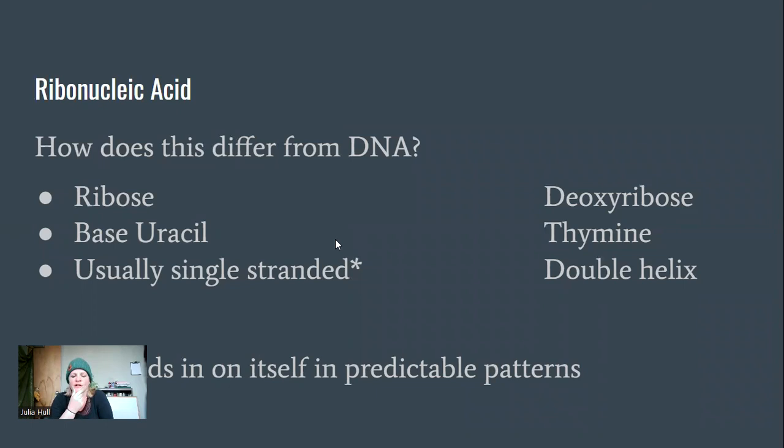Okay, so now let's talk about our buddy RNA. How does ribonucleic acid differ, and how is it similar to deoxyribonucleic acid? Well, obviously they have a different sugar, right? RNA has the sugar ribose, whereas DNA has the sugar deoxyribose. And just remember that on that carbon 2, there's one less oxygen atom on the deoxyribose. It's been deoxygenated a little bit, so that's why it's called that.